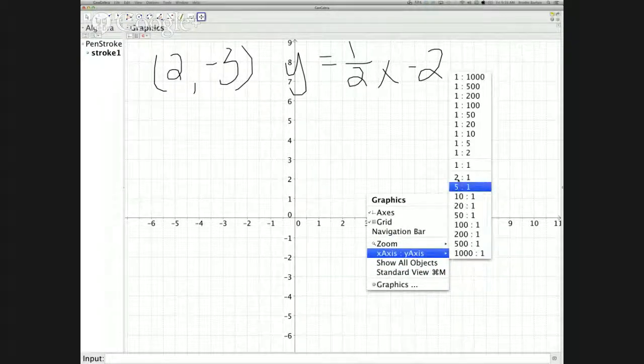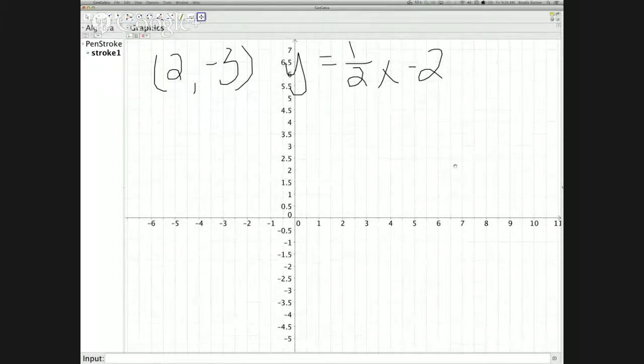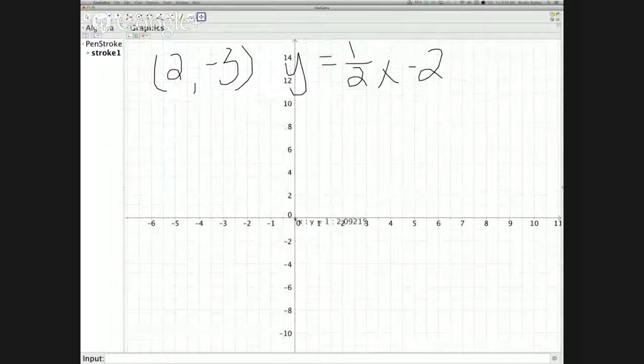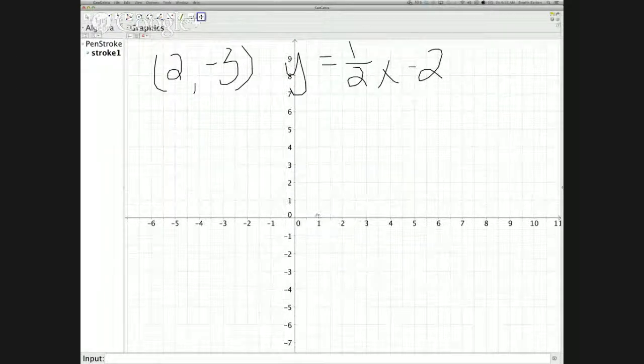Stop. There we go. Okay, whatever, that's fine. It's just they're not squares.